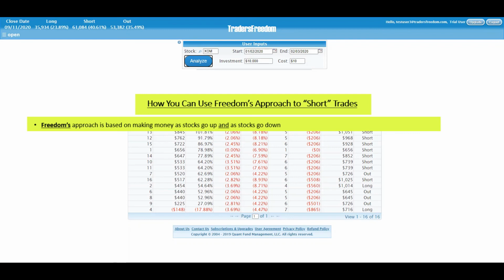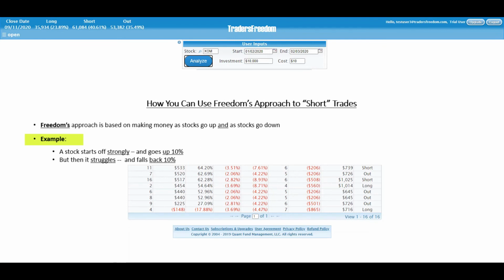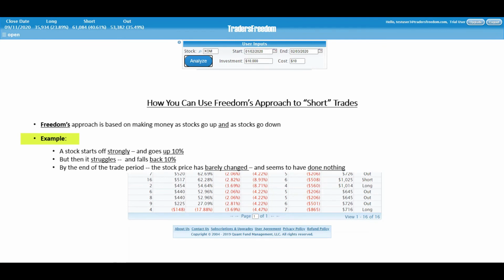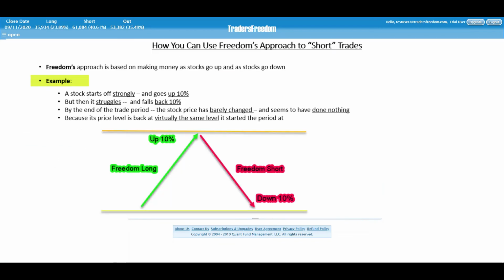Shorting also pays off when you compare its results to the example of a stock that might start off really well and goes up 10%, only to see it then fall back 10% over a couple of days. And then by the end of the trade period, well, it hasn't really made a dime, and it seems to have done nothing at all, because in the end, its price is right back at virtually the same level that it started that period at.